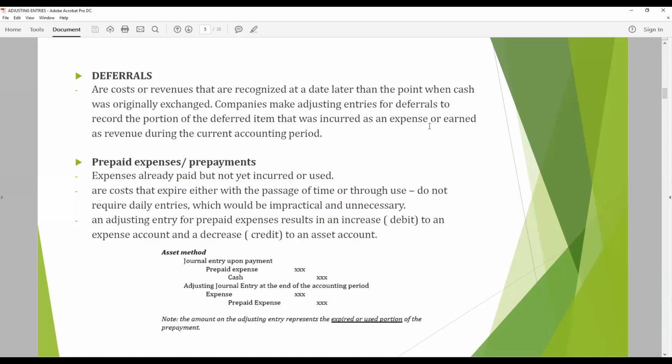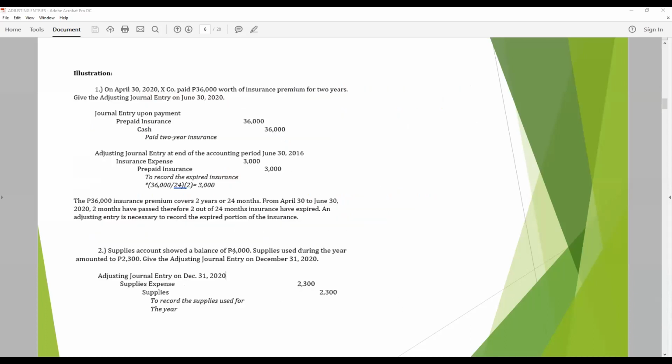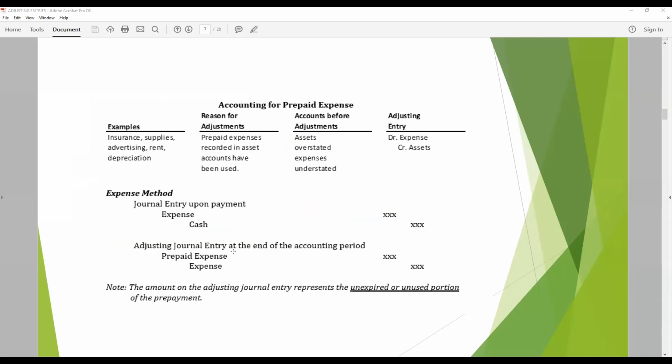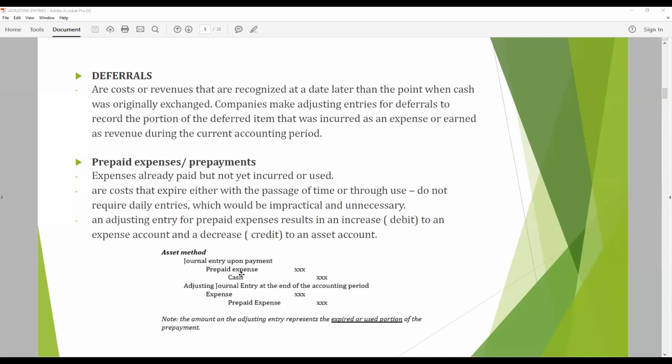So under prepaid expense, you have two methods of recording. You have to determine also when you are adjusting which method you used initially when recording the transaction. So you have to check if you used asset method or expense method. Under asset method, your journal entry upon paying for that expense is debit prepaid expense, which is an asset account, and credit cash.